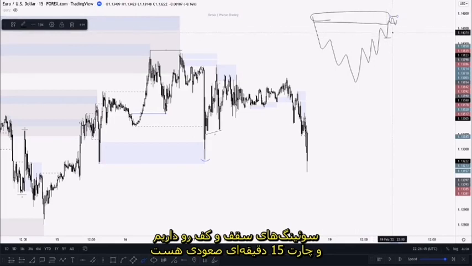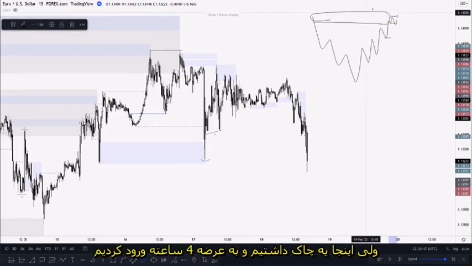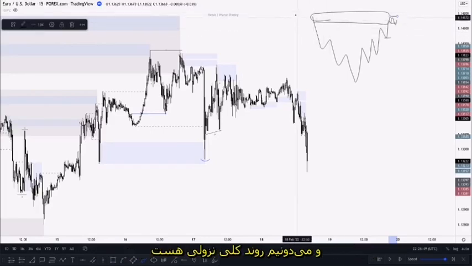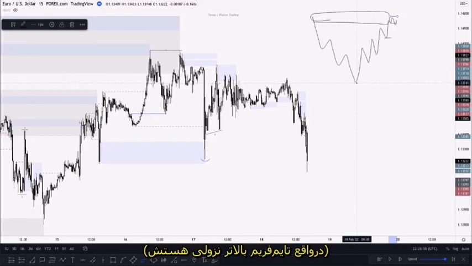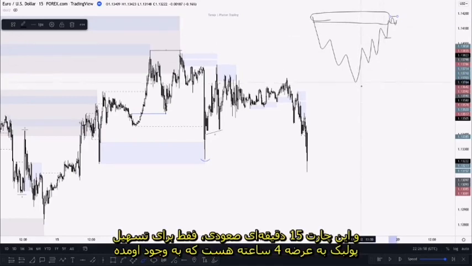M15 is bullish, but you have a change of character and you reach a 4-hour supply, and you know that overall the trend is bearish on the daily and 4-hour time frames. This bullish M15 order flow was just used to facilitate price pulling back to the 4-hour supply.